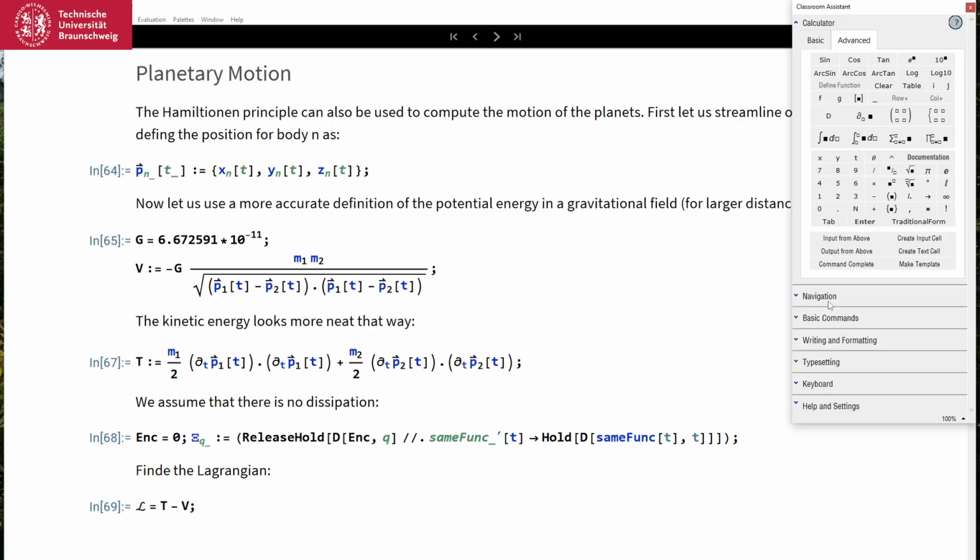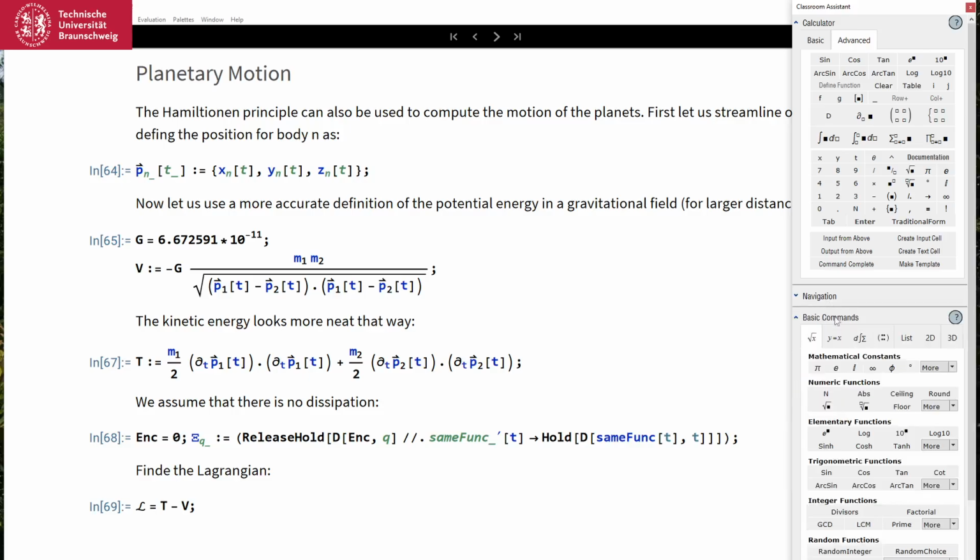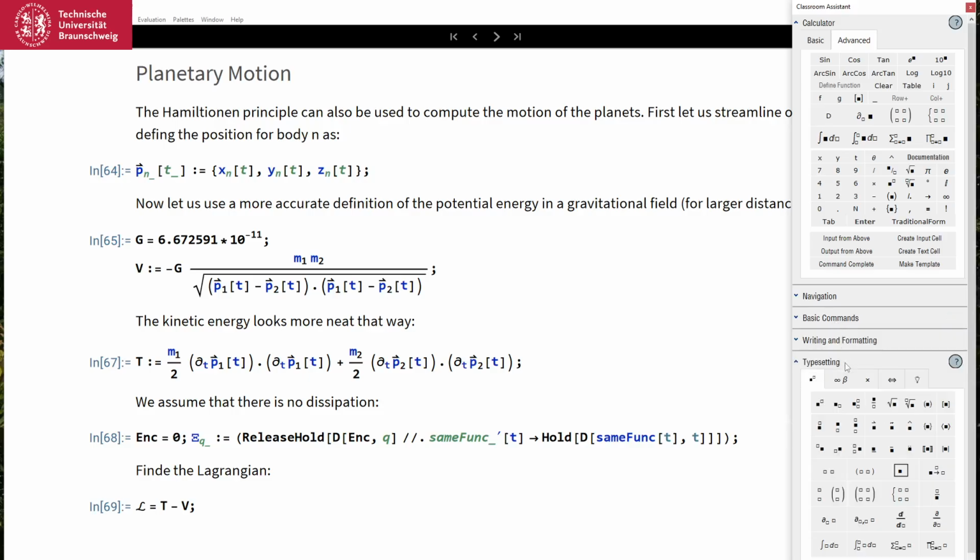Navigation, writing, basic typesetting. Okay, so we need to put something on top of this P, and then there could be a vec.